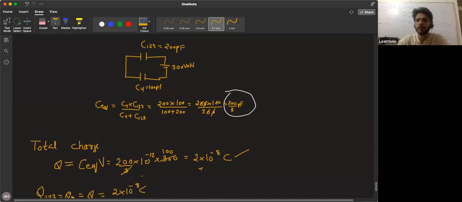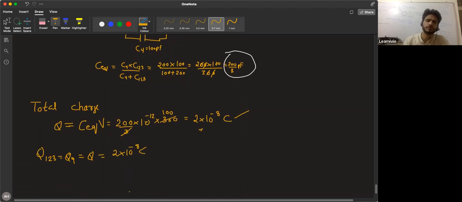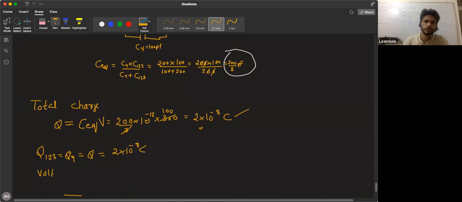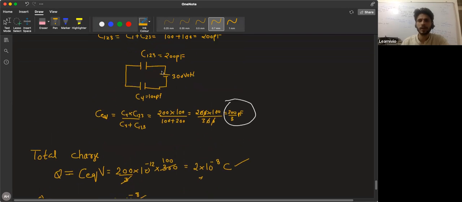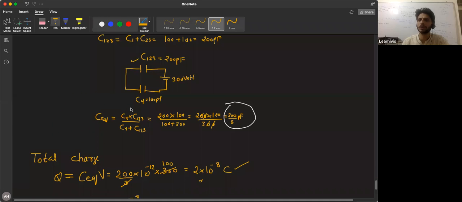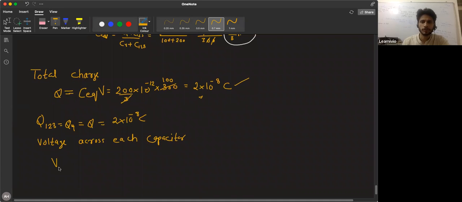Then how to calculate voltage across each capacitor? I need voltage across 1, 2, 3 and voltage across V4. Voltage across V1, 2, 3 is charge stored in 1, 2, 3 divided by capacitance of 1, 2, 3.